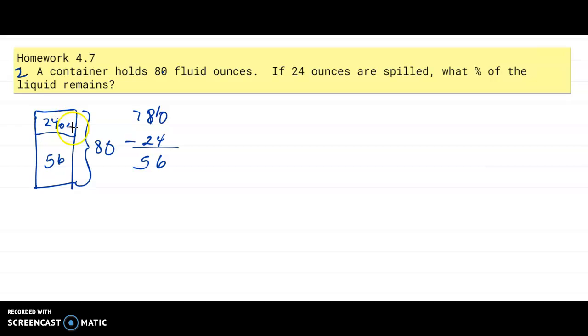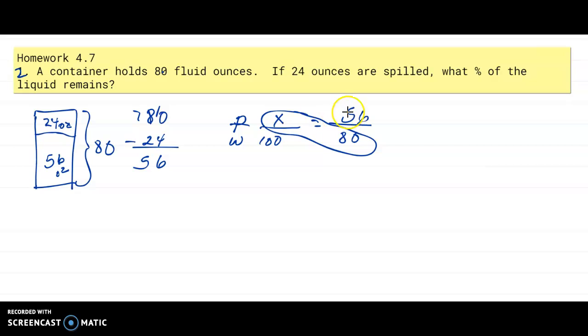So remember, these are ounces, and what we're looking for are percents. Okay, so we're going to set up a part over whole. We're looking for the percent. If 80 is our whole amount and 56 is the part of the amount that we're looking for, we'll cross multiply, and x times 80 is 80x is equal to 5,600.